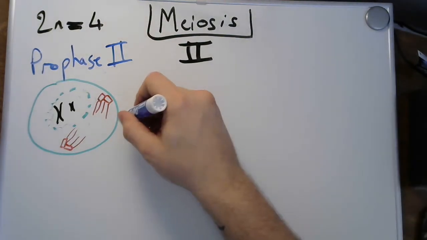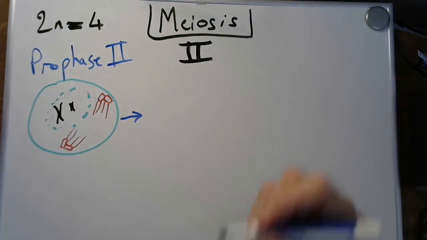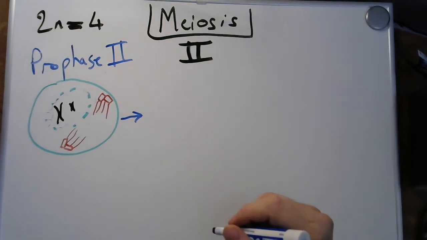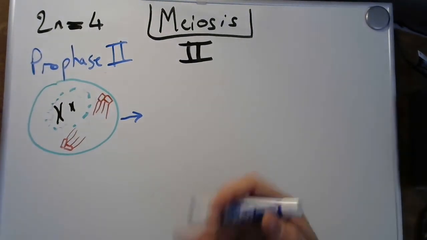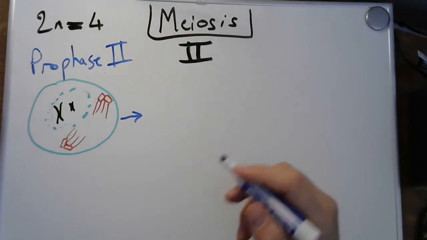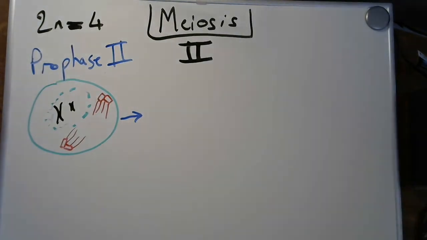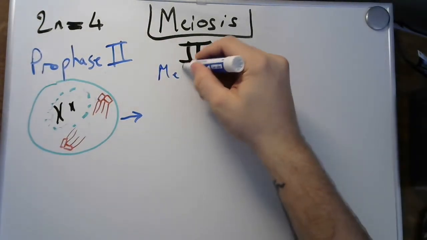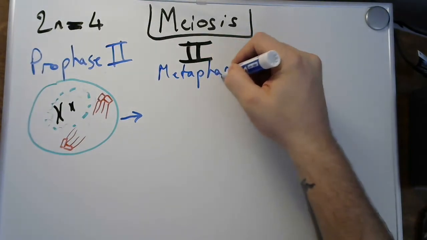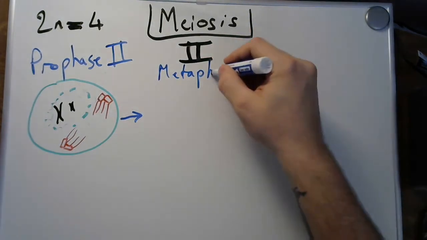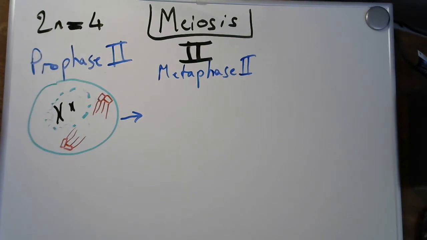Just get your nuclear envelope to go away once again. Get your spindle fibers going, and your chromosomes being already condensed. Now you switch to metaphase 2, and metaphase 2 is really, really similar to mitosis metaphase.